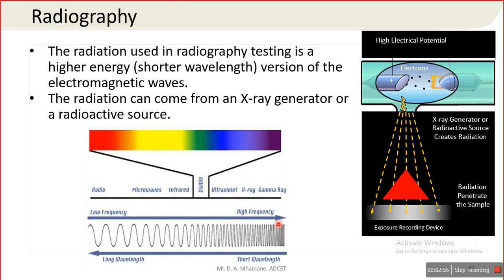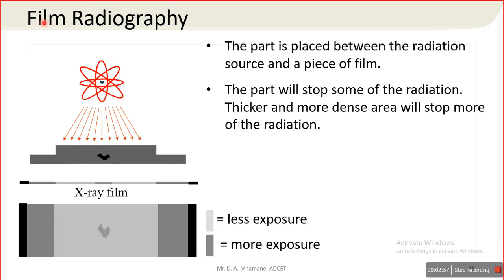So what happens exactly in this? At one end the radiographic source is placed, on the other end the X-ray film, or we can say recorder, is placed, and in between the two a mechanical object is placed.